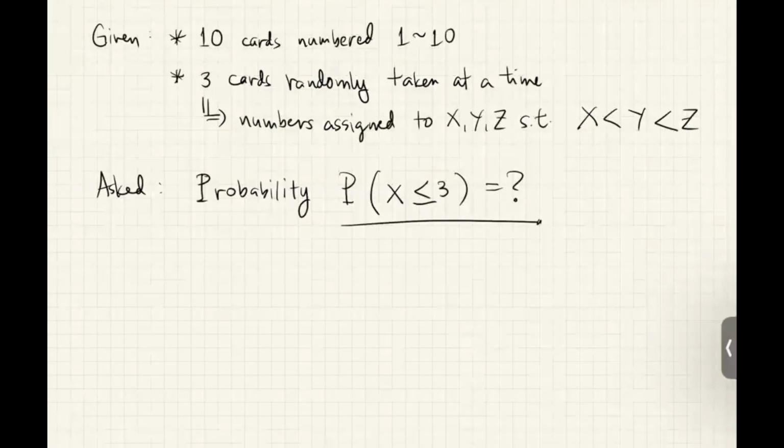We are told that we have 10 cards numbered 1 to 10, and we pick out 3 cards randomly every time.